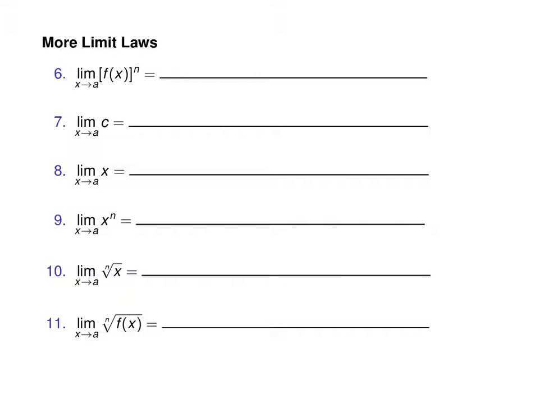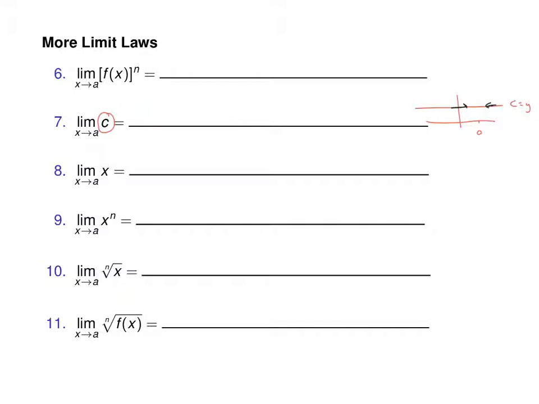Anyway, okay, so what would something that looks like C look like as a function? A straight line, it'd be horizontal, right? So y equals C, and there's a random point A, okay? What happens as the x's approach A?